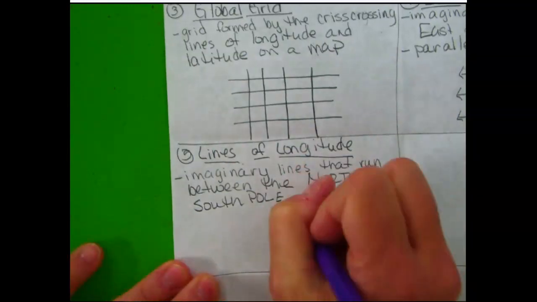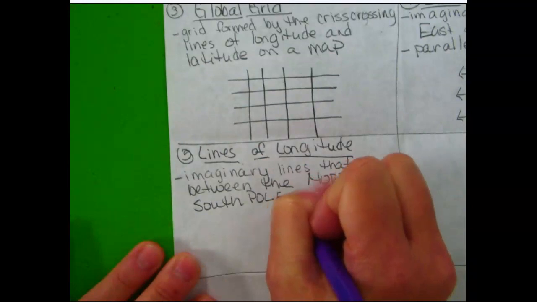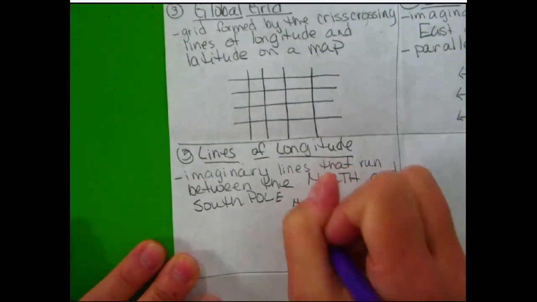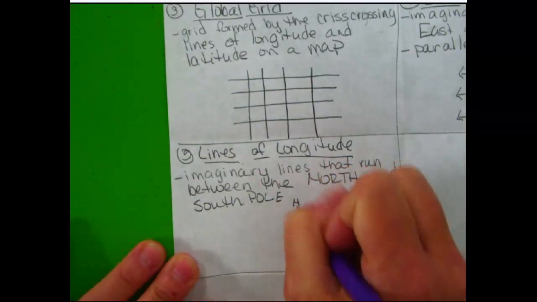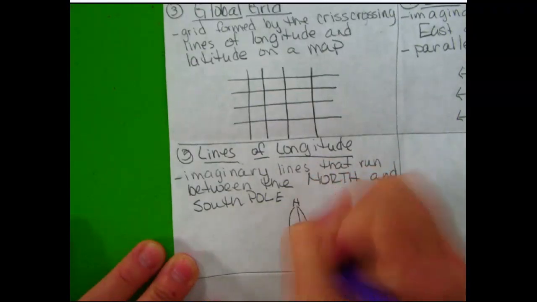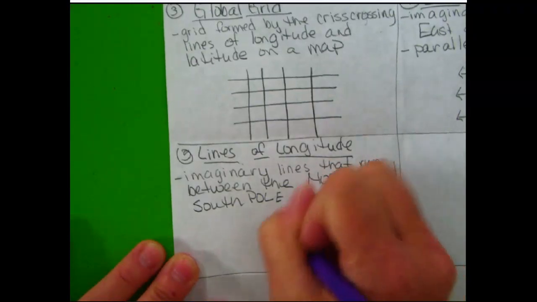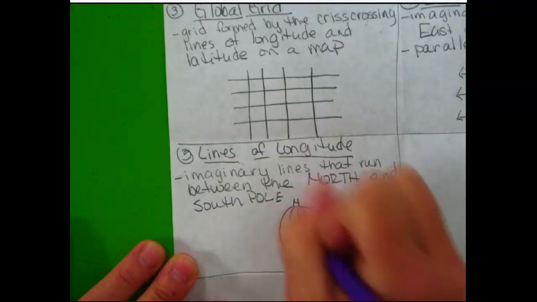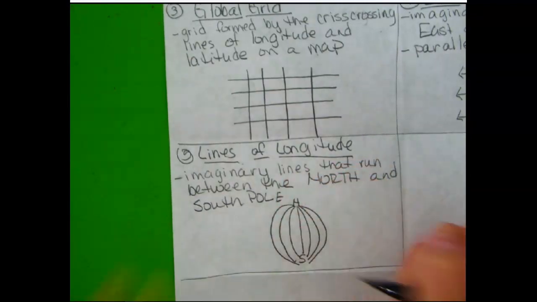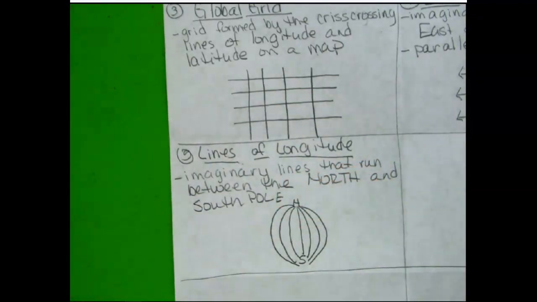So if you have the North Pole and the South Pole, they kind of go like this around the globe. Okay? They are the imaginary lines that run between the North and the South Pole. Those are lines of longitude.